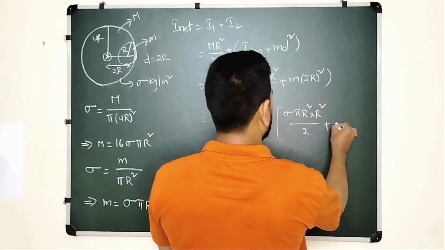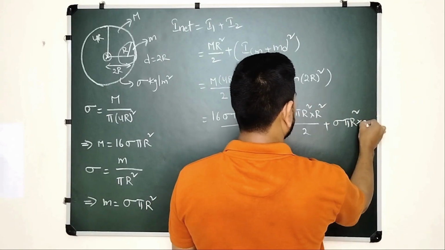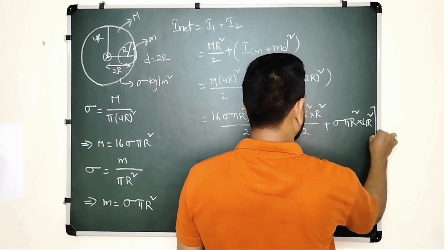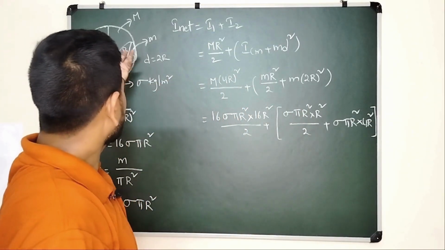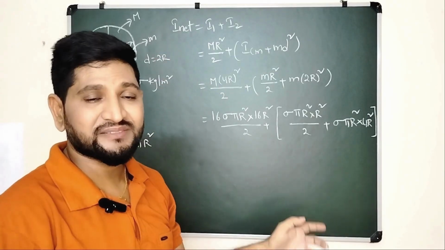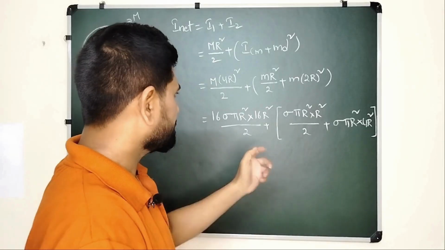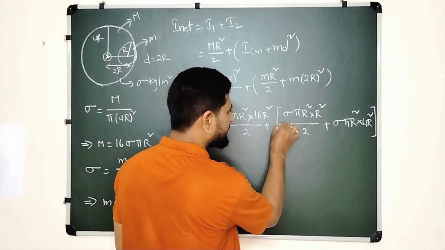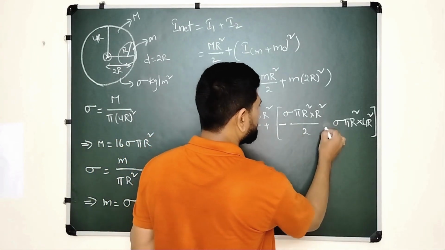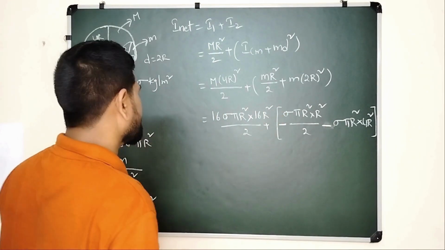Again small m, sigma pi r square into 2r whole square, that is 4r square. Here we are removing some part from the uniform disk, that is why we need to give the negative sign here. So here you need to put a negative sign, here also you need to put a negative sign. So then how much can you get?